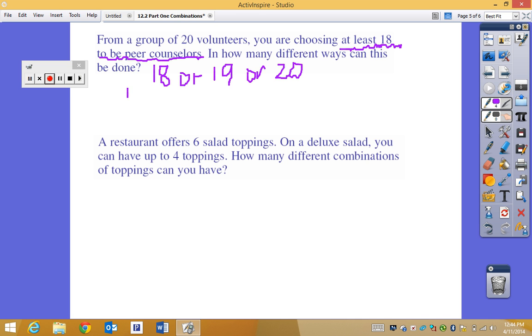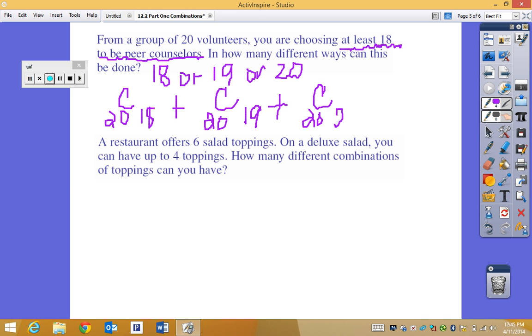So I could have my 20 volunteers and I could pick 18 of them to be peer counselors. Or I can have my group of 20 volunteers and I can pick 19 of them to be counselors. Or I can have my group of 20 and I can pick 20 of them to be counselors. So when we're calculating, we can calculate each of these separately and then we can add them together.